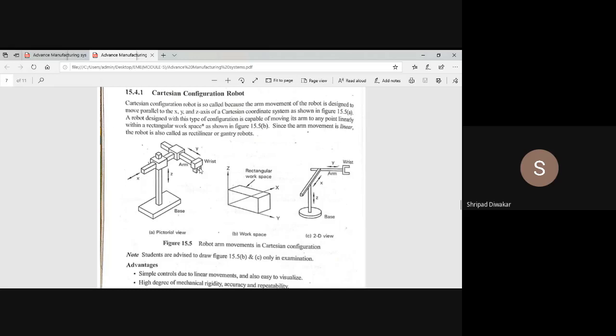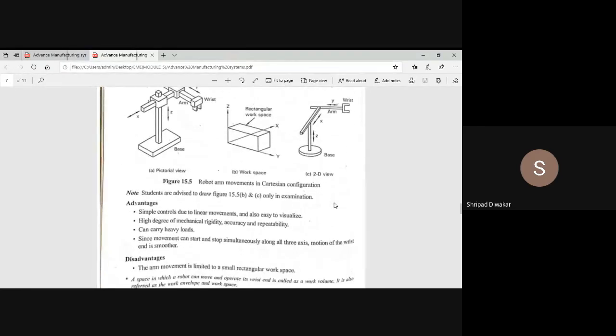The wrist is attached to the arm, so that the robotic arm moves in a linear direction, that is in x, y and z directions. That's why it is called a Cartesian configuration robot. So you have to practice this diagram, or this diagram, but you have to show all three axes, x, y and z directions.